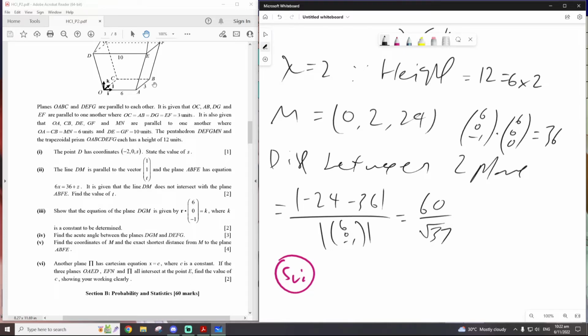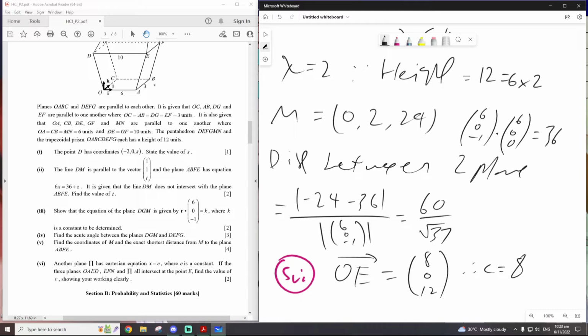You can find the position vector of E. It's not that hard. It's just 10 to the east of D, which we already know. So OE equals D, which was (-2, 0, 12), plus 10 in x, so (8, 0, 12). Therefore c is 8. That's it.